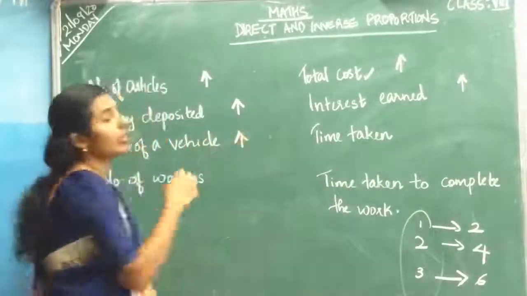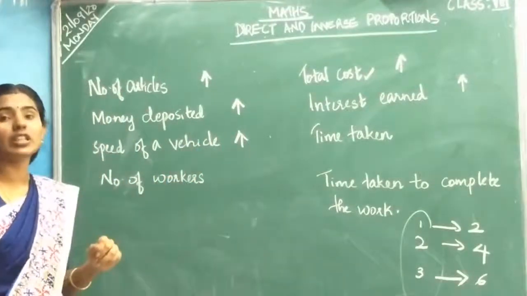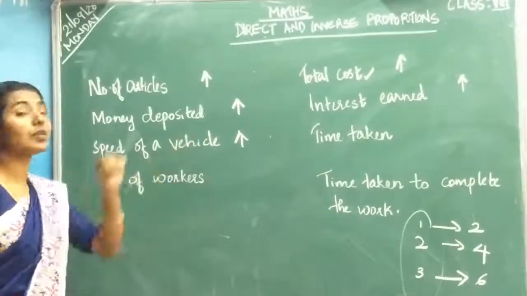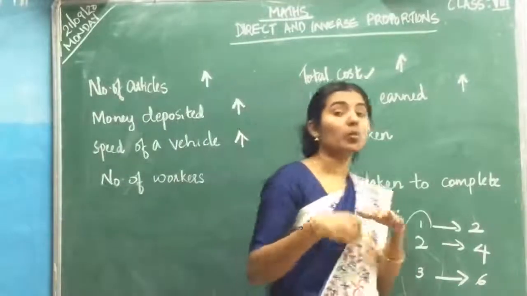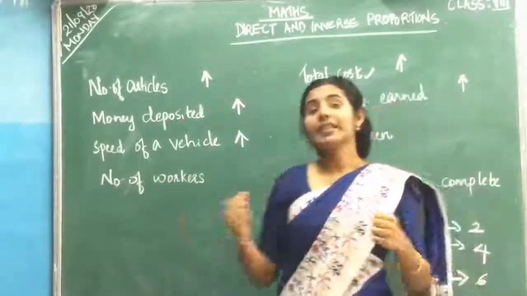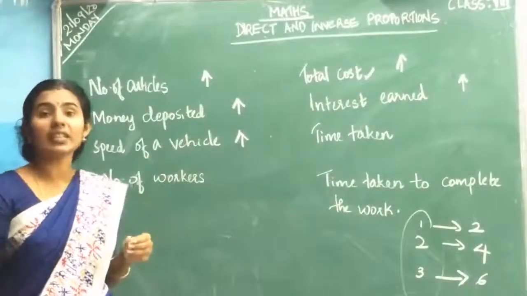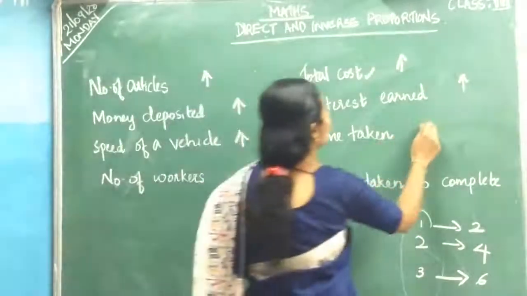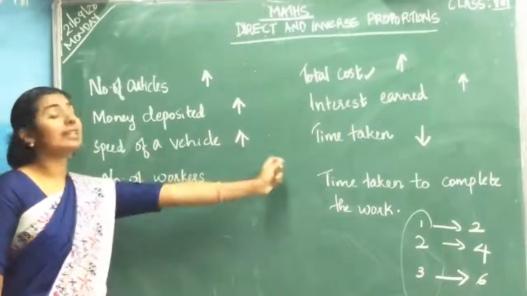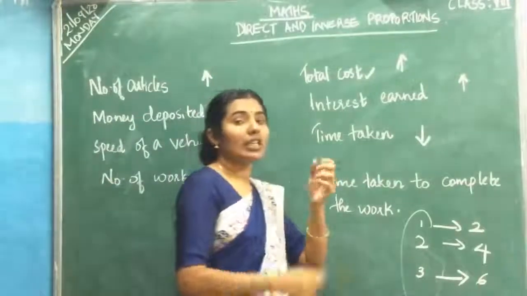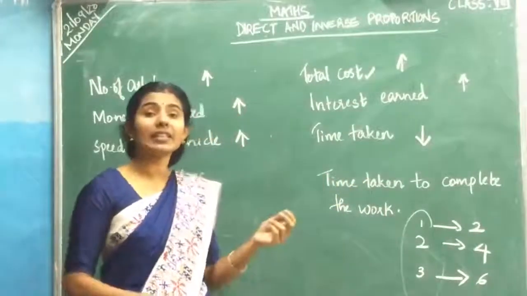Now we see, when you are going in a car, if you are increasing the speed of that vehicle, how much time will it take, less or more? Speed is increasing, so corresponding to that, time is decreasing, isn't it? When you are going anywhere, if speed is increasing, it will take less time.